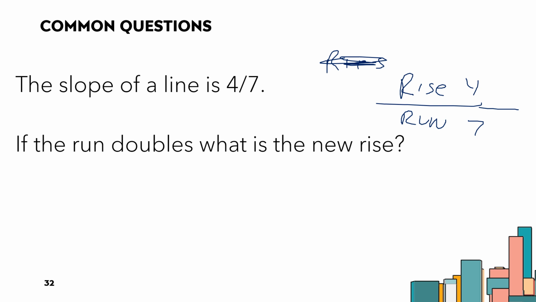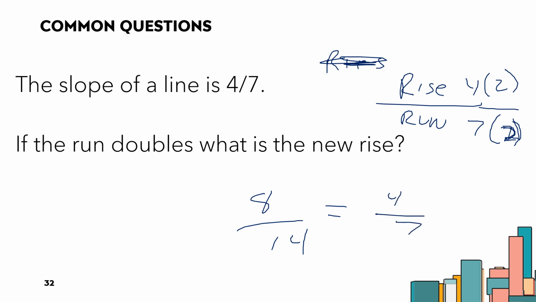So double means 2. So if I multiply 7 times 2, what do I need to multiply 4 by? That's right, 2. So it would be 8 over 14, which once again would reduce back to 4 over 7. But those are a couple of common questions.